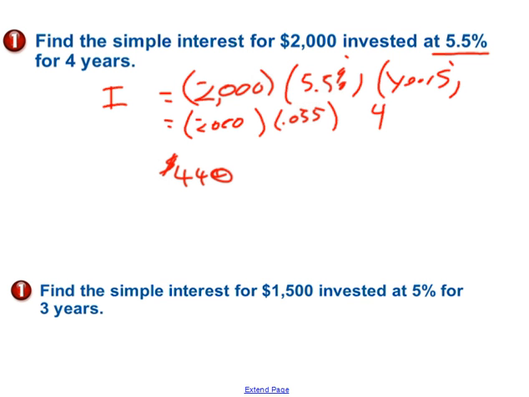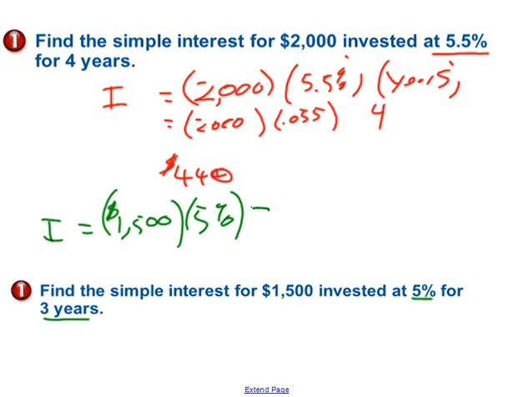This one, I'm going to say that the amount of interest earned is equal to the principal, which is $1,500, times the interest rate, which is 5%, times the number of years, which is 3 years. So I'm going to take 1,500 times 0.05.